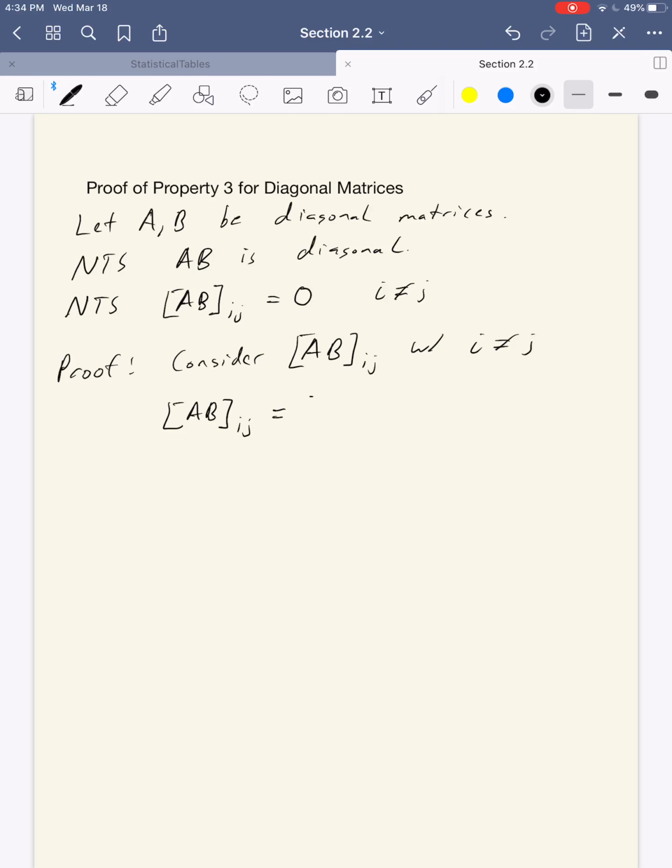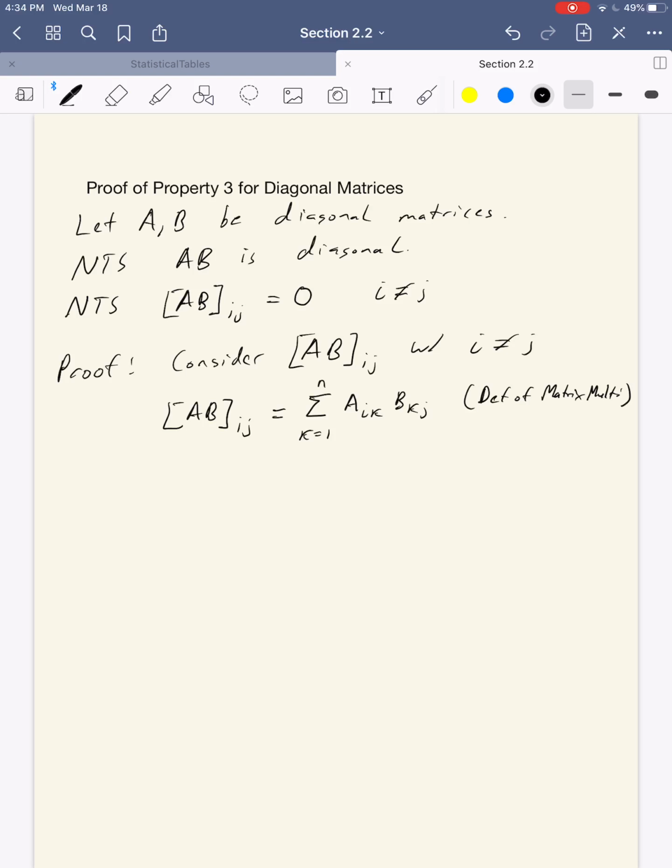Well, we can use the definition of matrix multiplication to say that that's the sum from k equals 1 to n of aik bkj, right? That's the definition of matrix multiplication. And you'll notice that in this proof, just because we're starting to do more of these and hopefully you guys are getting comfortable with them, I'm just making a note of what allows us to take that step.